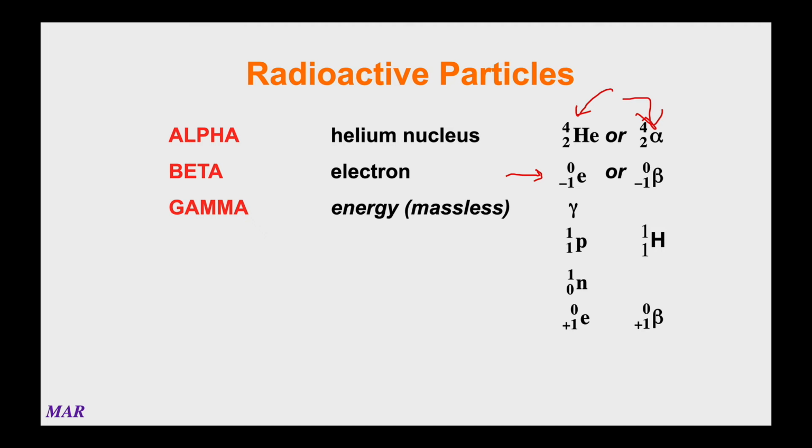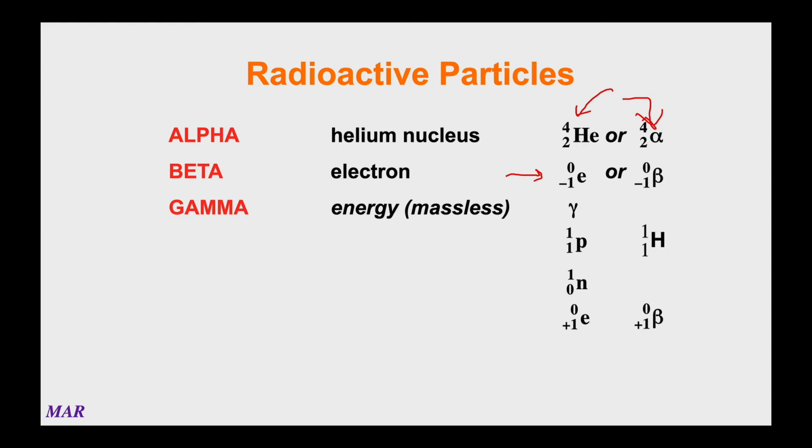Gamma rays have the little symbol right there, gamma, all right, and that's just like pure energy. Gamma radiation is quite common in these nuclear reactions because there's so much energy. And if energy is released, a lot of times it's gamma. You can also have X-rays, though. X-rays are also common in nuclear reactions, but gamma radiation is the one that's seen most often and the one we'll focus on.